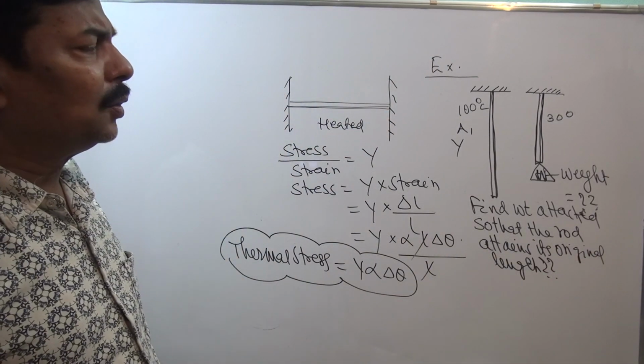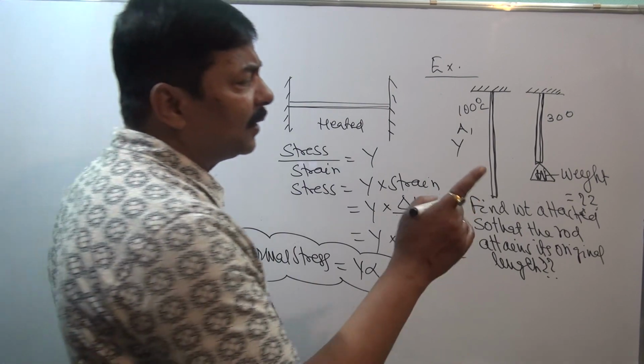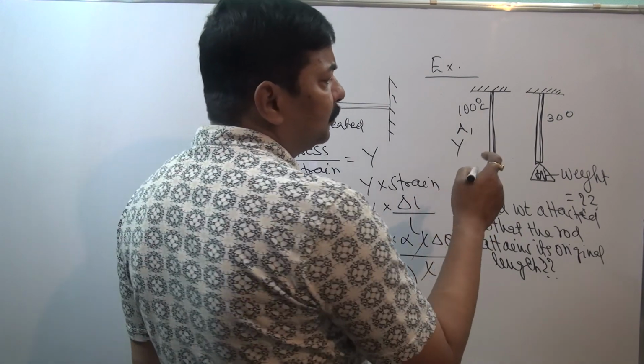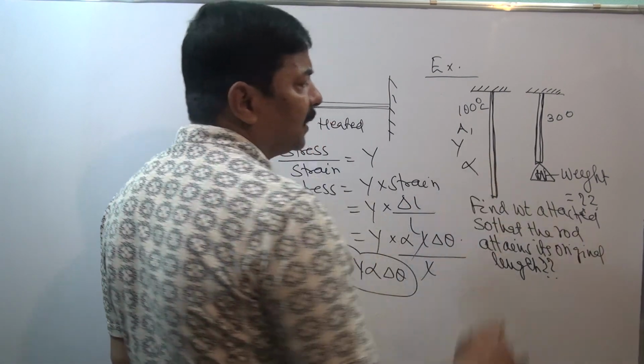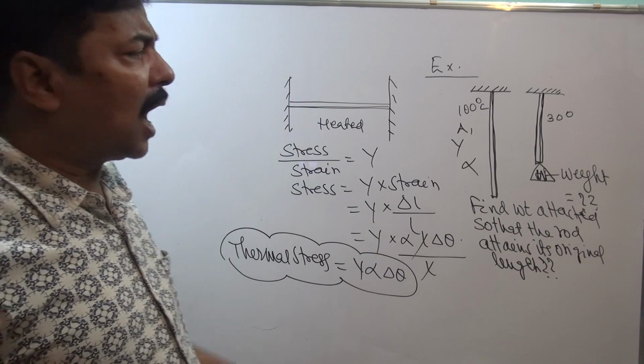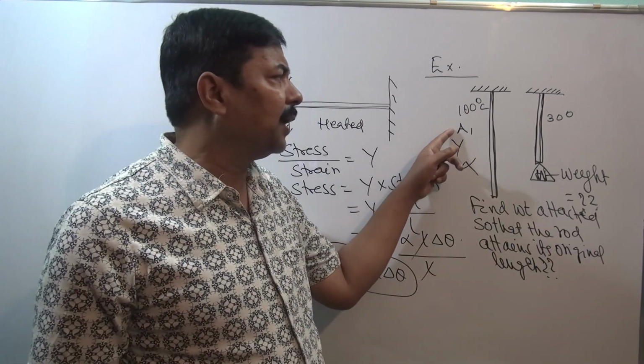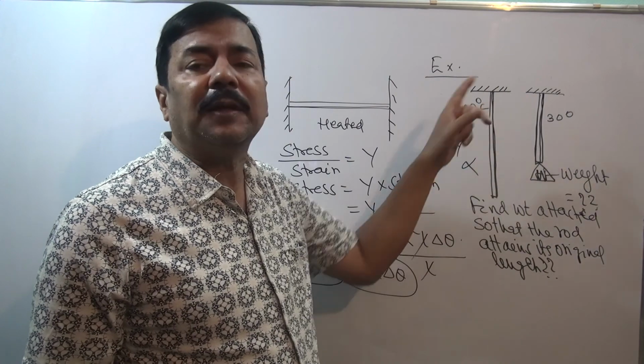Here one thing is given, that coefficient of linear expansion is alpha. Naturally, your answer should be in terms of A, Y, alpha and this temperature.